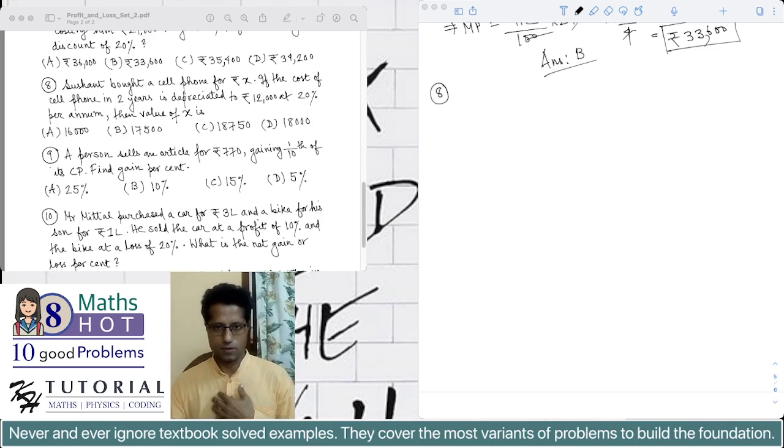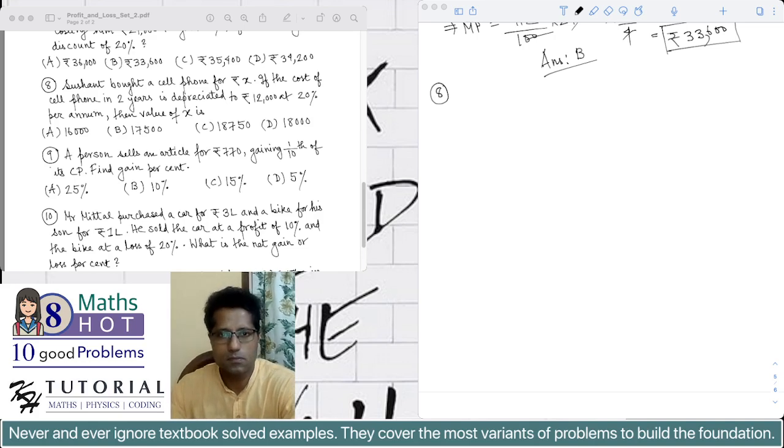Then after the end of every year, the price is decreasing by 20%. So we have the cost price as rupees X. Let's say after the first year the price becomes P, and then again after the second year.